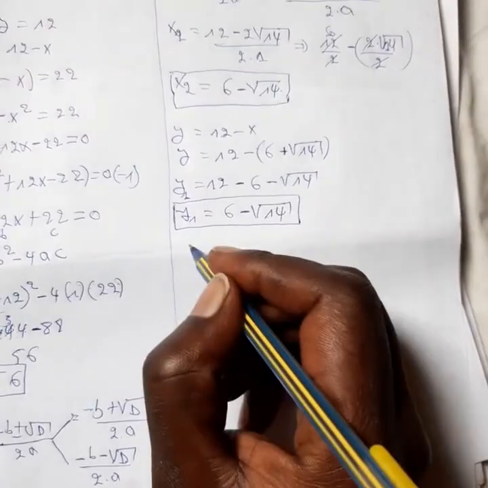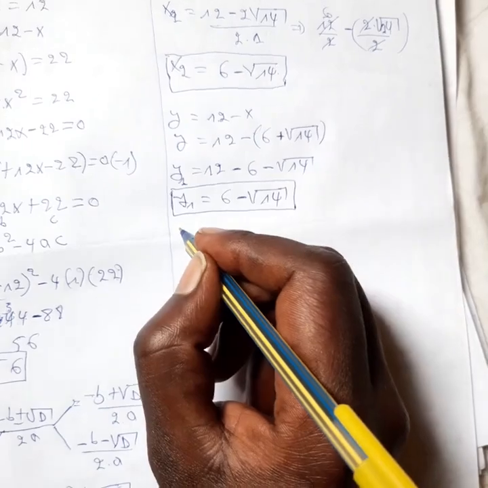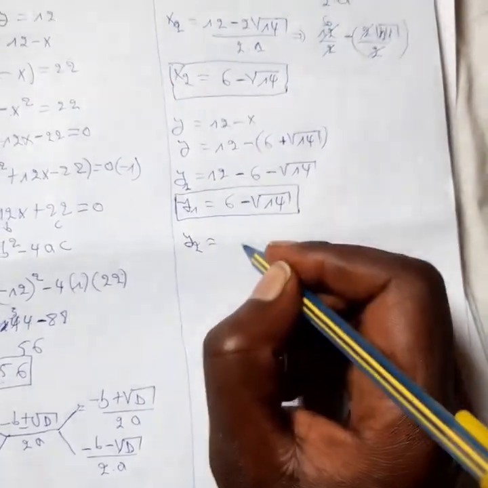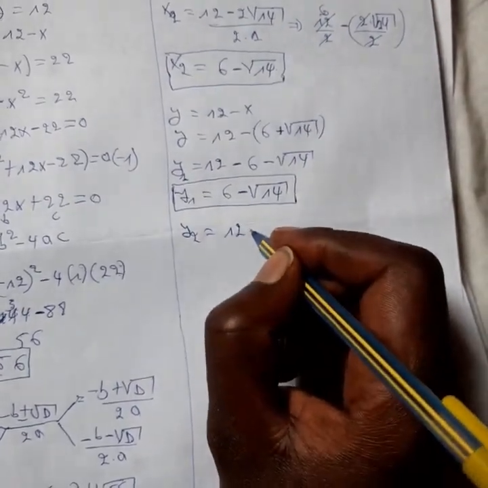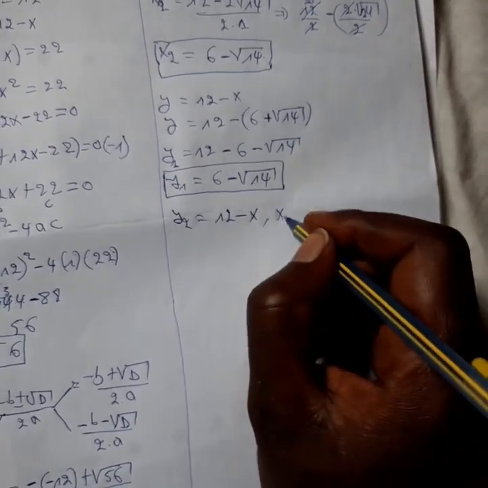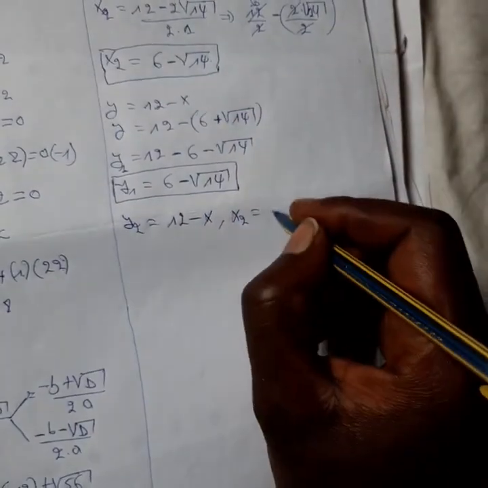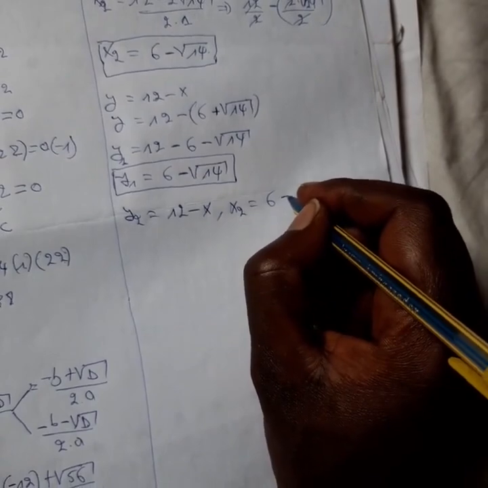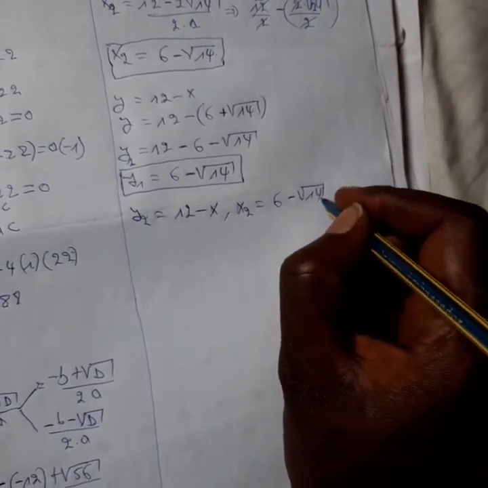So we're going to find y2. So y2 will be equal to 12 minus x. Then x2 is equal to 6 minus square root of 14.